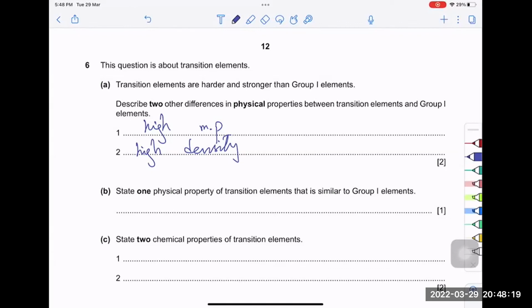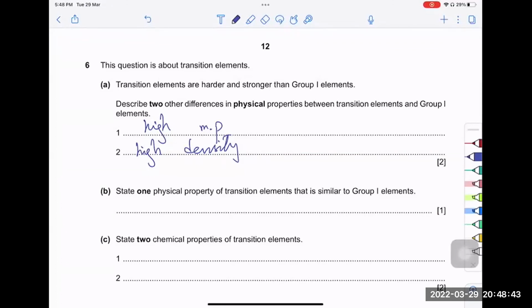So the thing with that is that, for example, here, when we say high melting point, we are also implying that the other metals have low melting point, which is true for most metals. Group 1 metals have low melting point. Group 2 metals have relatively low melting point. So there's a contrast. There is a big difference there. But when you say they are better conductors, you're just saying that they are also conducting and they're good conductors.